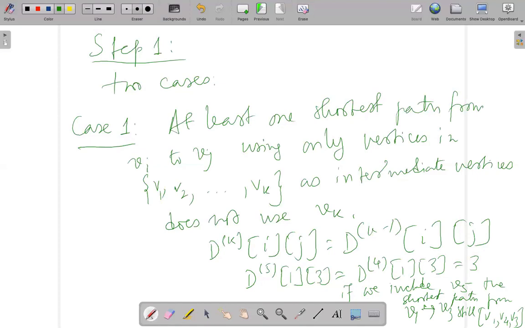So nothing gets added extra if you include V5 as one of the intermediate vertices. So this case is an easy case where dkij is equal to dk minus 1 ij.